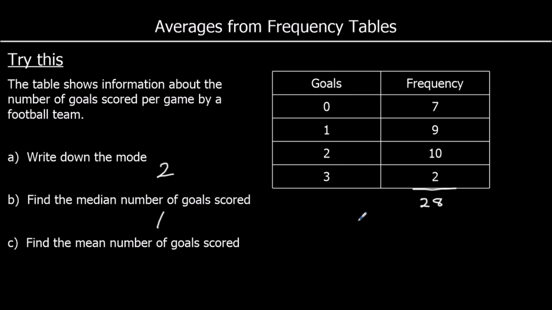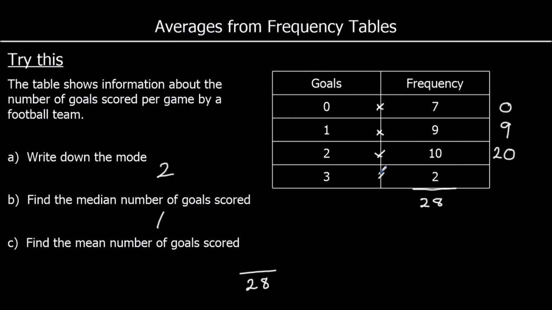Find the mean number of goals scored. So we're going to add them all up and divide by how many. So we know there were 28 games. So we're dividing by 28. How can we add up the total number of goals? We times across. So 7 zeros, that's no goals. 9 ones, that's 9 goals. 10 twos, that'll be 20.